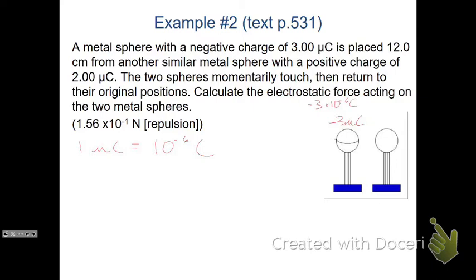And it's placed with a positive charge of 2 microcoulombs. So 2 times 10 to the negative 6 coulombs as well. The separation distance is 12 centimeters. Is centimeters a physics-friendly unit?